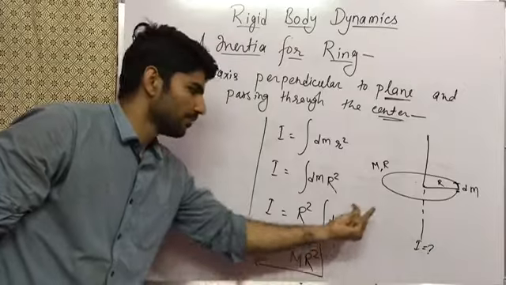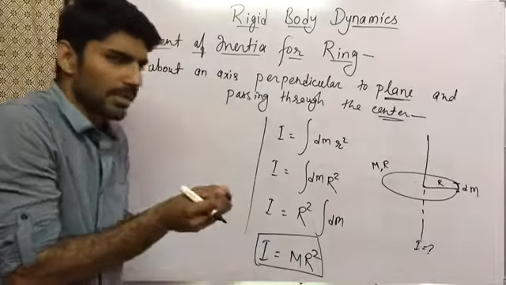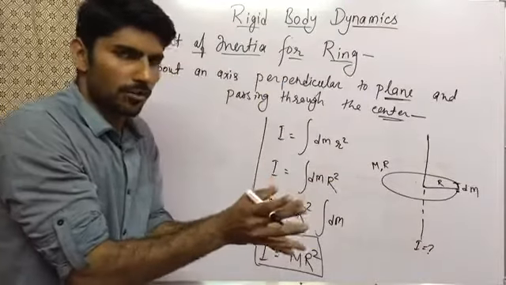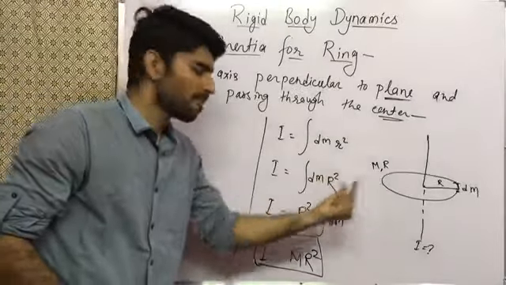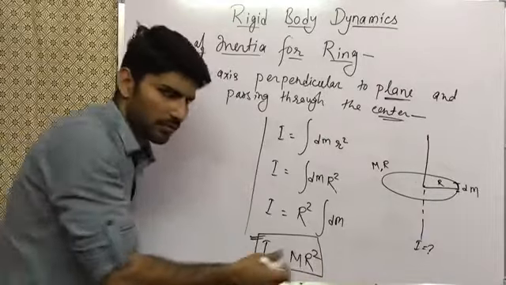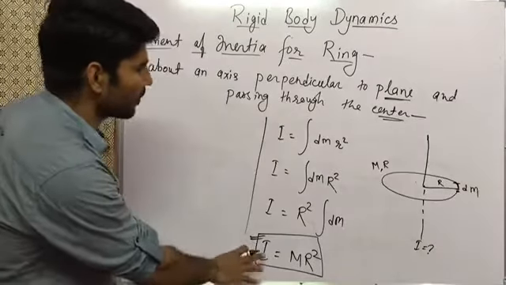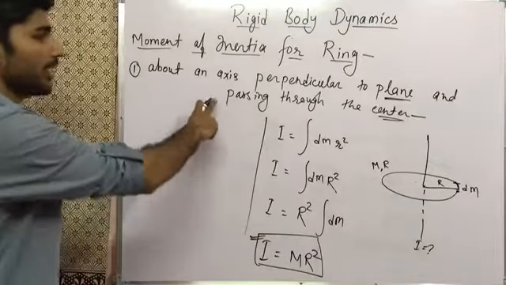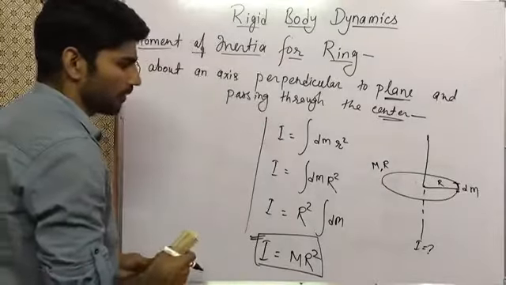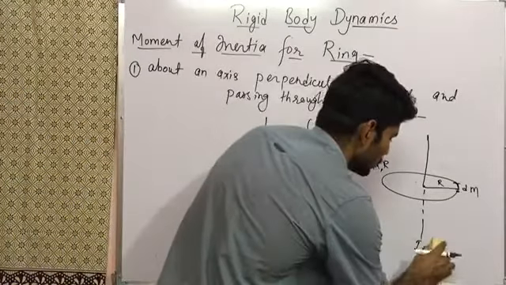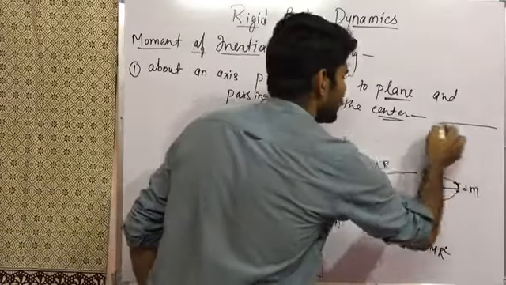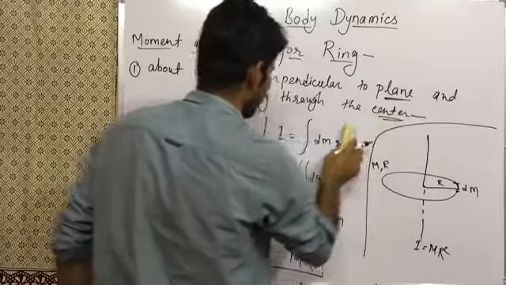The integration of dm is capital M, because small dm is a component of capital M, and integrating all the small components gives capital M. So here is I, or we can say I naught, the moment of inertia for a ring about the axis perpendicular to the plane and passing through the center. Now the second part: we write I equals M R square here for further derivations, and we take it separately.